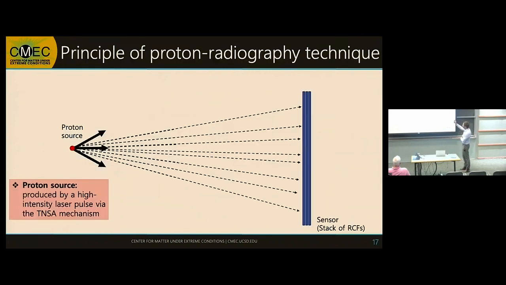A few words on the proton radiography technique for people who are not very familiar. The idea is that we generate, using a high intensity laser pulse, a laminar proton beam, as represented here. We collect it with what we call the radiochromic film. Typically, the protons propagate in vacuum.